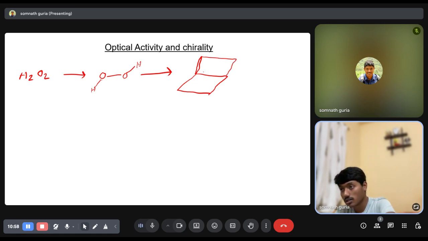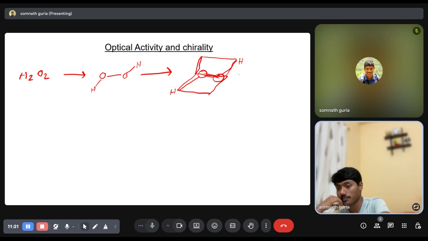Here is one oxygen, connected with the O-O bond. Here is the hydrogen, and here is the hydrogen. Okay, so for this molecule, let's find out its point group.